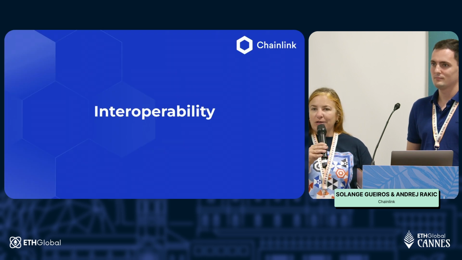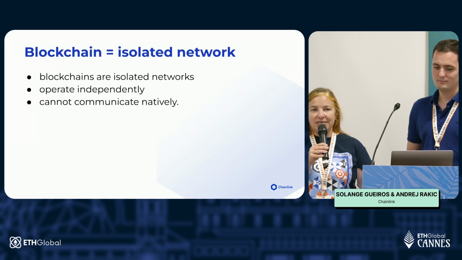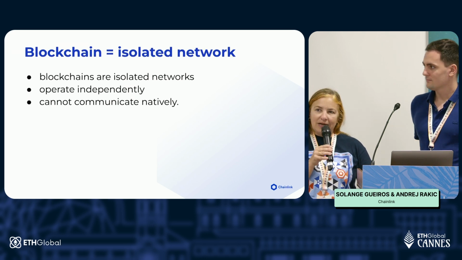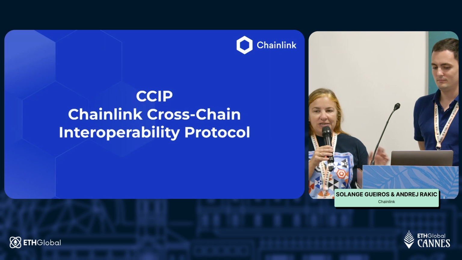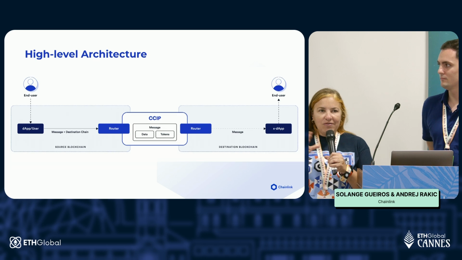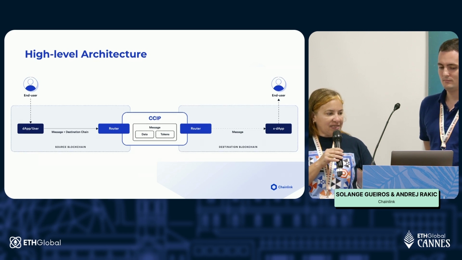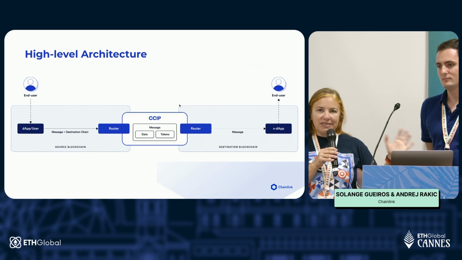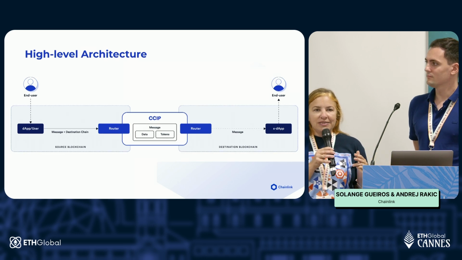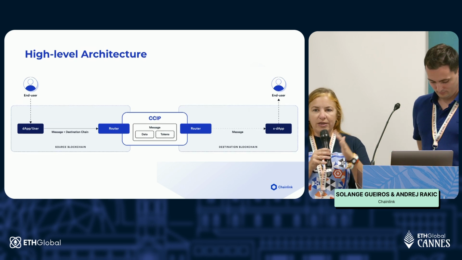So let's talk about interoperability. A blockchain is an isolated network, like an island. And I'd like to connect these blockchains, these islands. This is the CCIP, the Cross-Chain Interoperability Protocol. In a high-level architecture of that, you can see that a user in one blockchain can send messages or can send tokens directly to another blockchain.